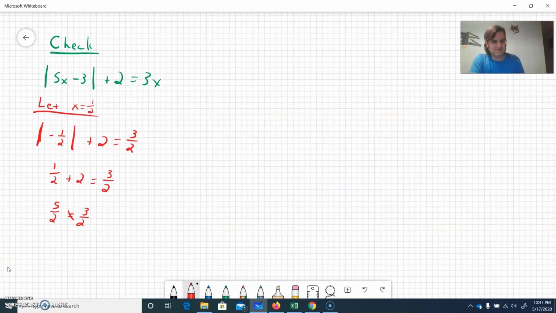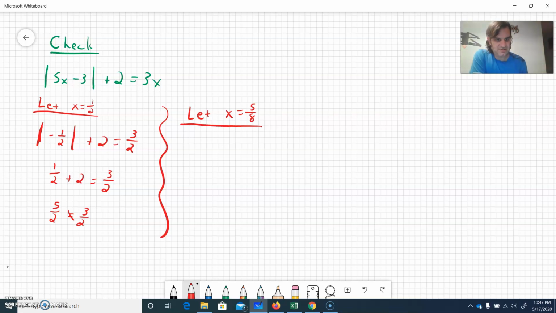So let's check the second one here, which was 5/8, I believe. Yes, 5/8. Let's see if it works. So when we do this, we're going to plug 5/8 in. So we'll have the absolute value of 25/8 minus 3 plus 2 equals 15/8. So let's see if this works out.